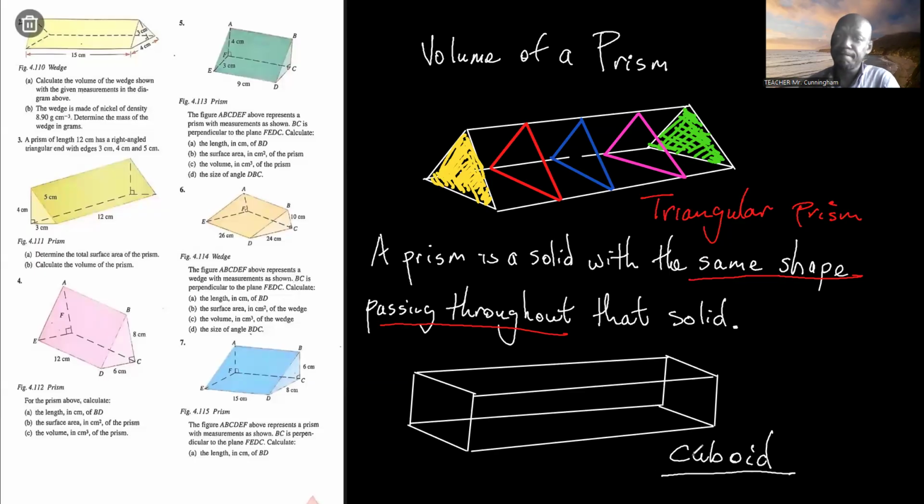You have the same shape passing through the solid. Same shape. So this is a prism.